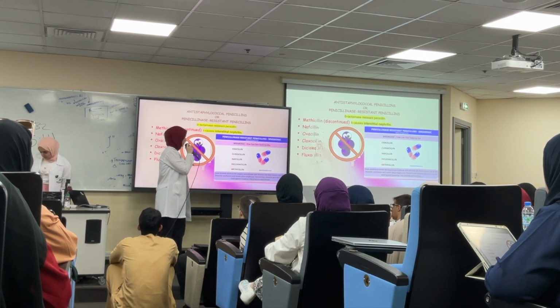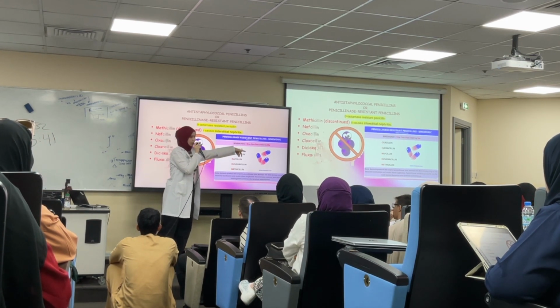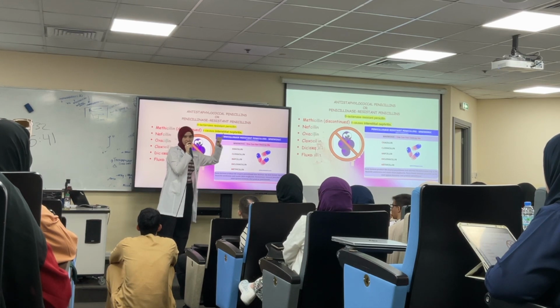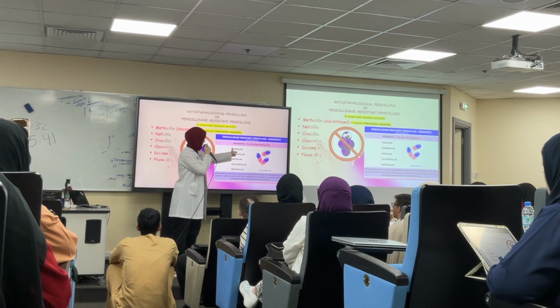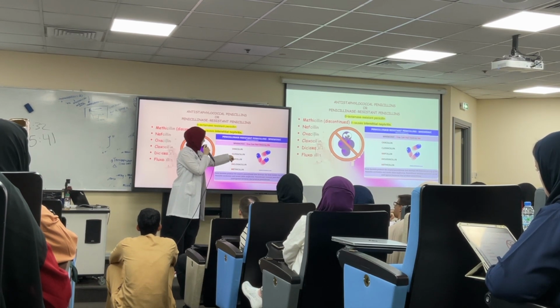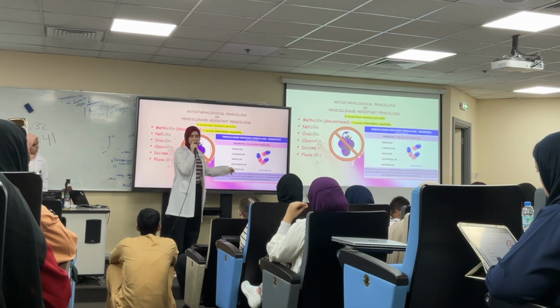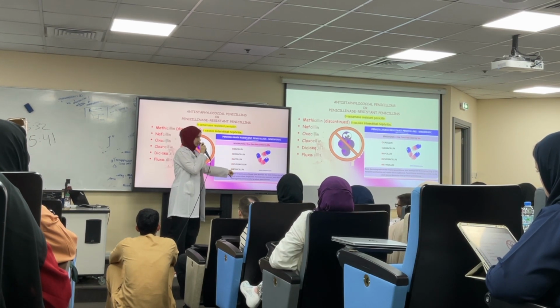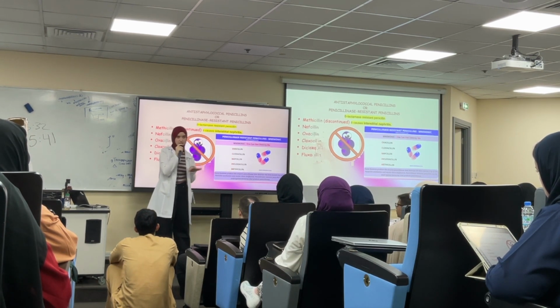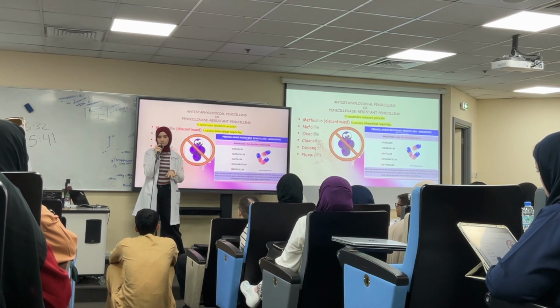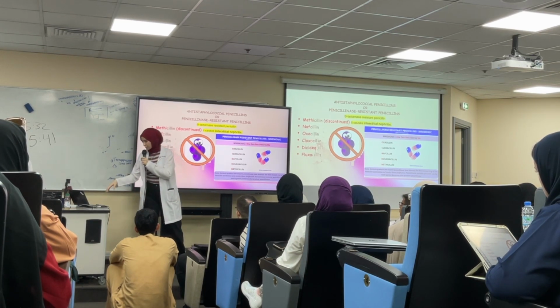There is a nice mnemonic for it: one cannot destroy me, referring to the beta lactamases that do not actually impact it. So the O refers to oxacillin, the C to cloxacillin, the N to nafcillin, the D to dicloxacillin, and the M to methicillin. Methicillin is of course discontinued. Why? Exactly, interstitial nephritis.